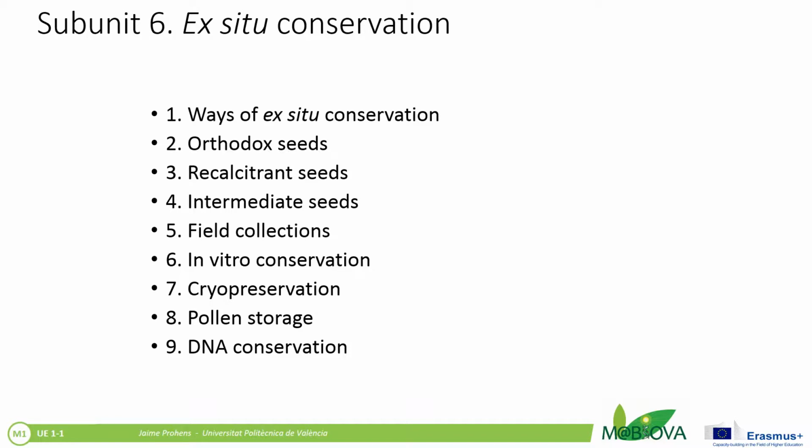A first one on ways of in situ conservation, a second one on orthodox seeds, a third on recalcitrant seeds, a fourth on intermediate seeds, a fifth on field collections, a sixth on in vitro conservation, a seventh on cryopreservation, an eighth on pollen storage, and a ninth on DNA conservation.